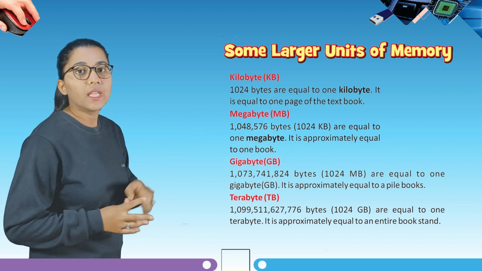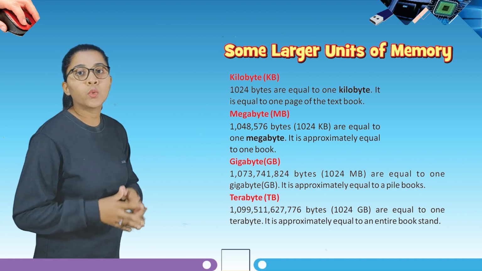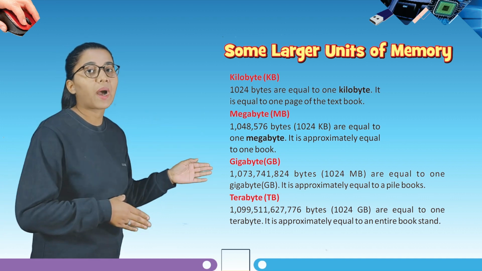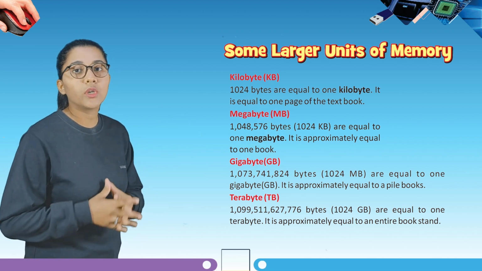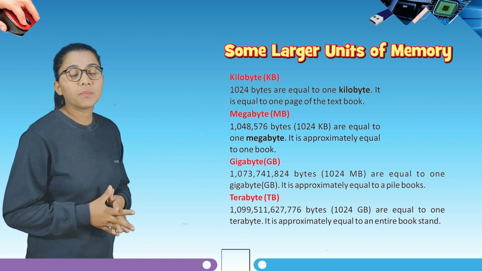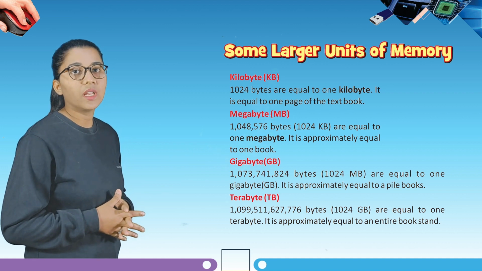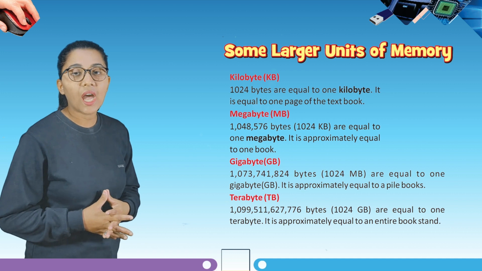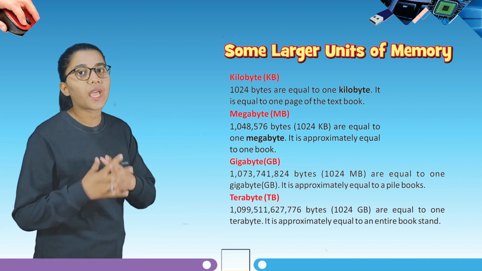Now we have gigabyte, that is GB. 1024 MB are equal to 1 gigabyte. It is approximately equal to a pile of books. Similarly, 1 GB is equal to a pile of books. Now next we have terabyte, that is TB. 1024 GB are equal to 1 terabyte.